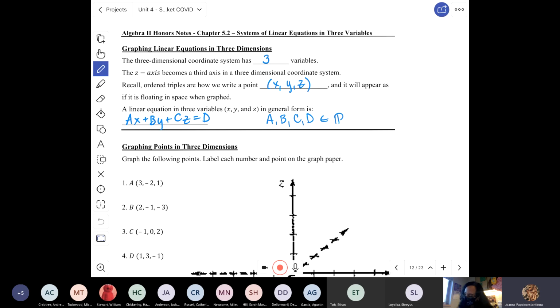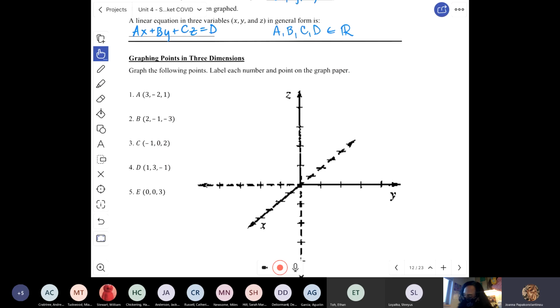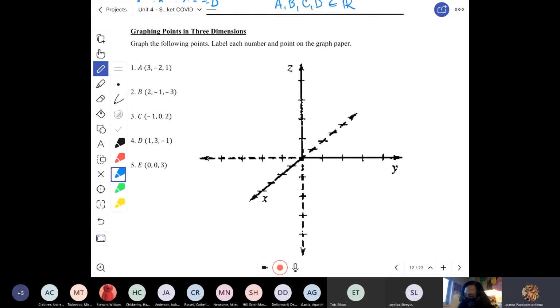So let's talk about how we're going to graph points, ordered triples in 3 space. If I were to give you point A, and again, I know this represents X, Y, and Z, let's do our best to understand how we're going to represent this on a 2-dimensional surface on this piece of paper.